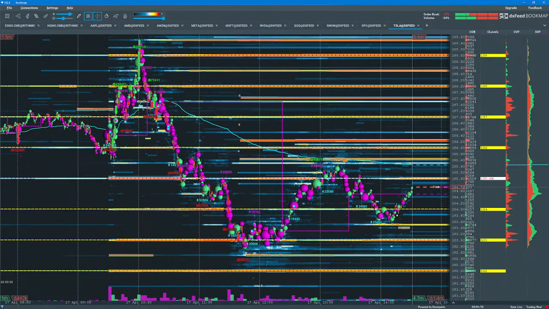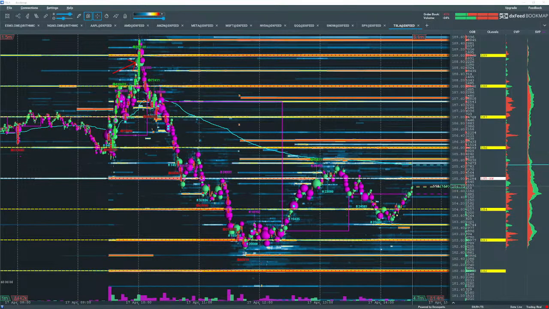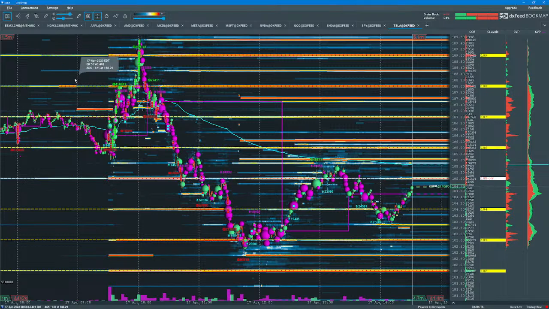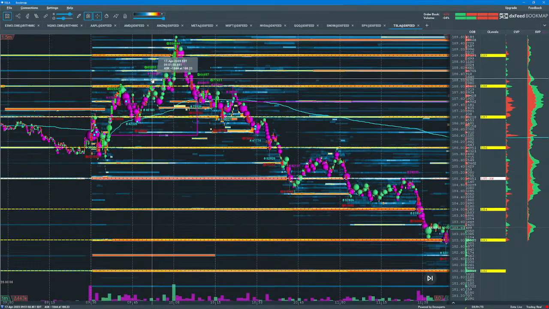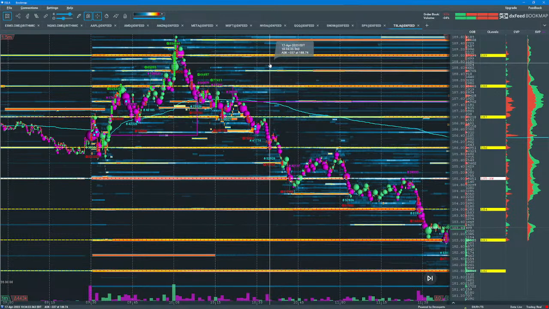Right here, note the buy sweep, all these small green dots buying up to the 189 level, and then price reverses lower. Let me just zoom in on this section right here. And note the shift in order flow.